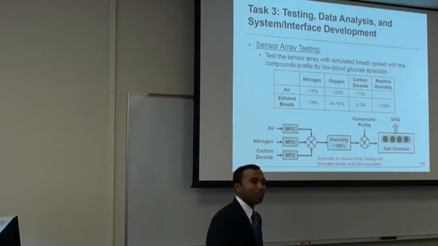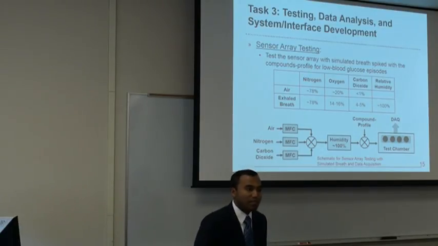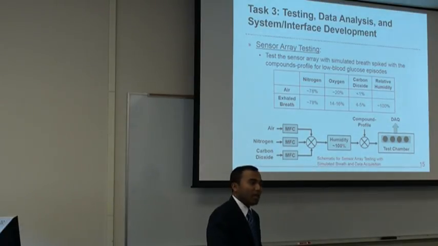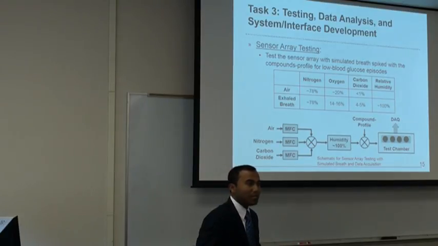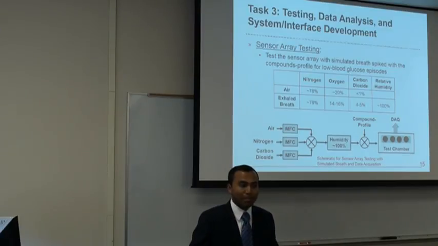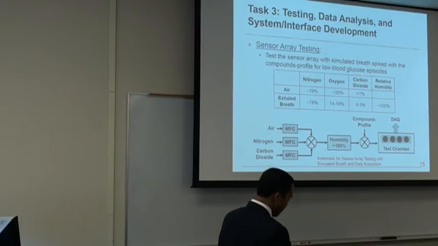We want to see the difference between normal and when there's a problem, and also how it progresses when you change from normal to the problem, so that potentially we can predict it before it actually happens.